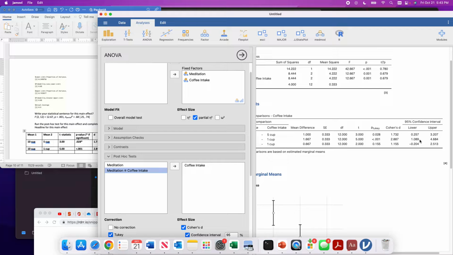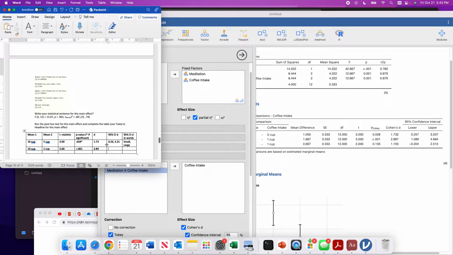I should have allowed you to copy and paste it, to tell you the truth, but there's so much that we don't use. 1.08 to 4.68. Small is 0.2, medium is 0.5, large is 0.8 or larger. Well, 1.09 is large, and 4.68 is also large. So that is a large effect.